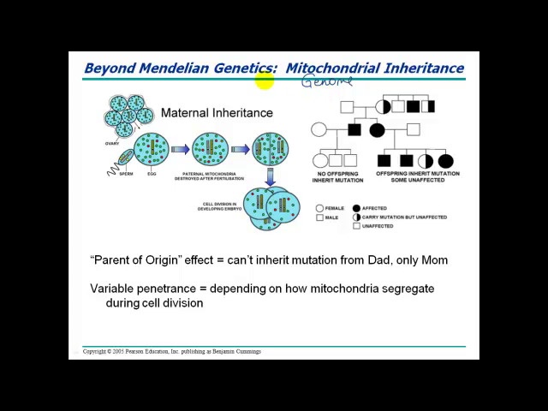And the reason for that is because of a difference in the way that the gametes develop in males and females. The female gamete, the egg, is a large cell, contains lots of cytoplasm, lots of mitochondria. The male gamete, or sperm, essentially during the process of development extrudes almost all of the cytoplasm and organelles, and really just becomes a genetic payload in the head of the sperm.